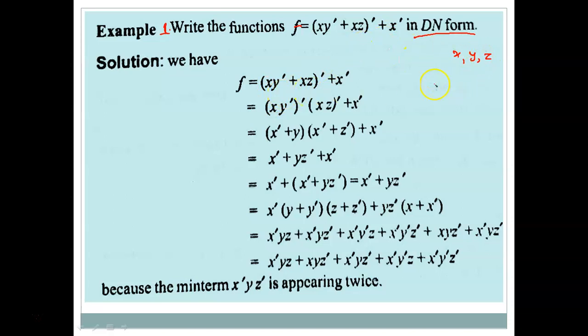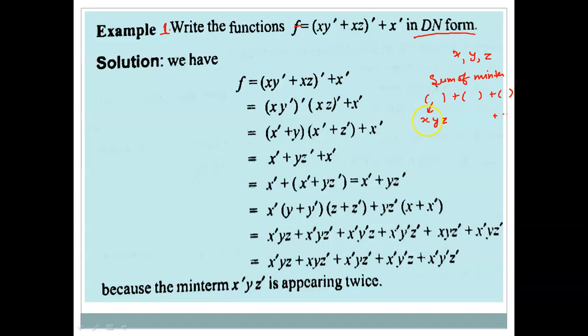In fact, this whole expression should be a sum of minterms. So there will be a minterm plus a minterm plus a minterm, and so on in this way. So basically, if this is a minterm, it must be an expression in terms of x, y and z.